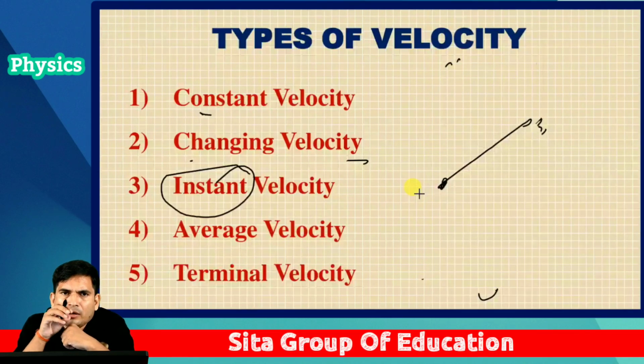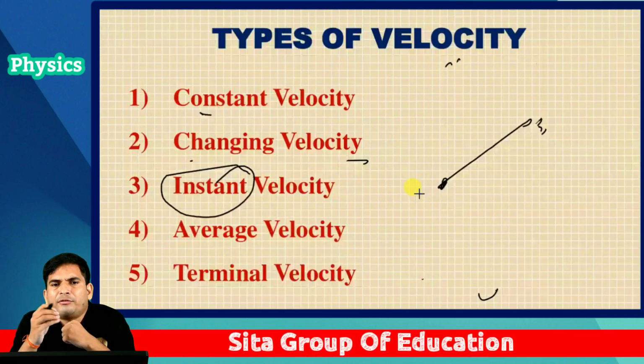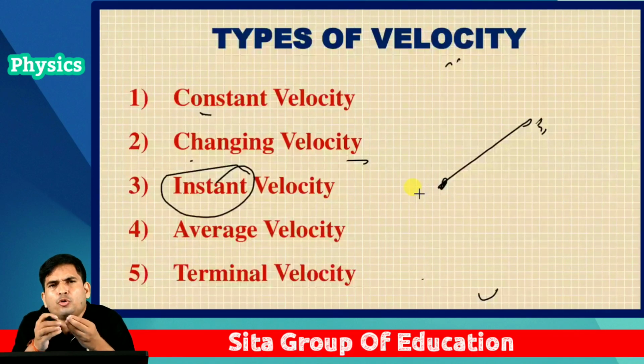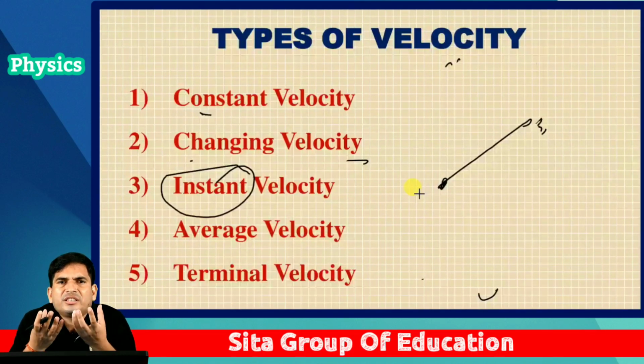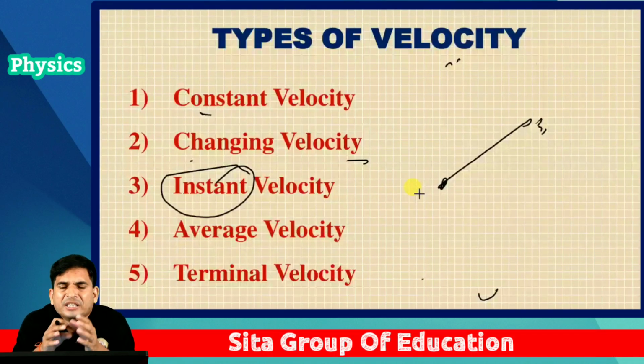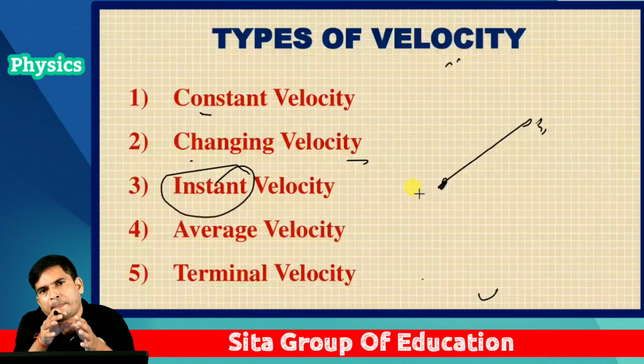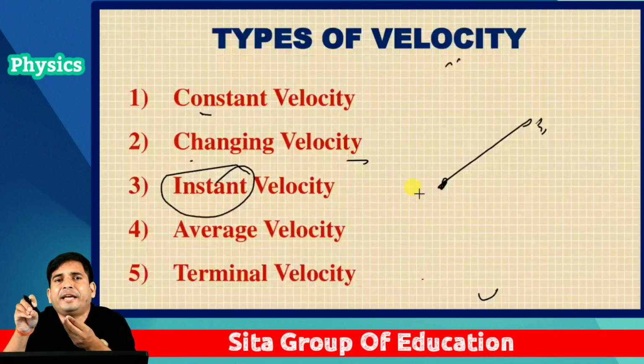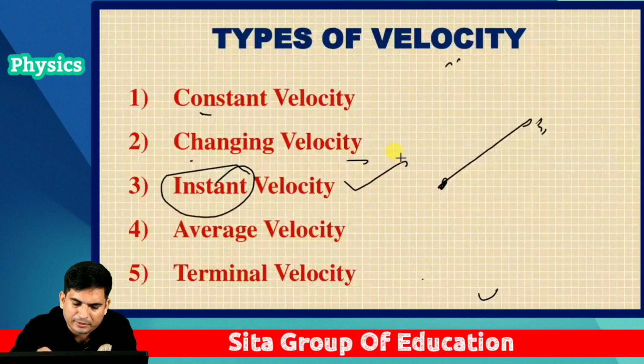Suddenly an obstacle comes in your path. Then you turn, due to the reflex action of your body, and you have just changed your velocity. Such type of velocity, where the object changes its velocity at a point of time, is called instant velocity.